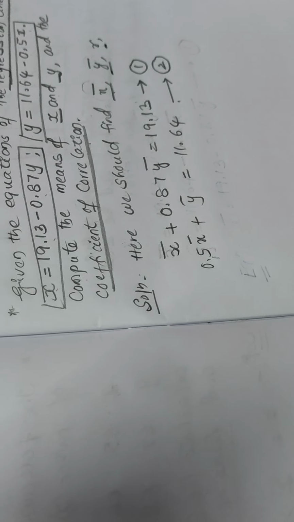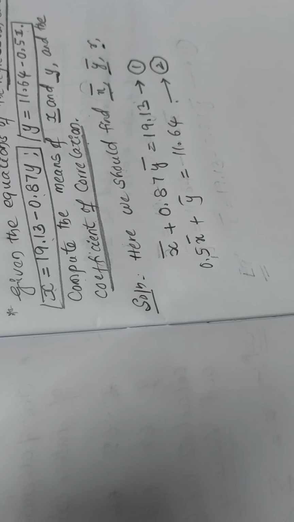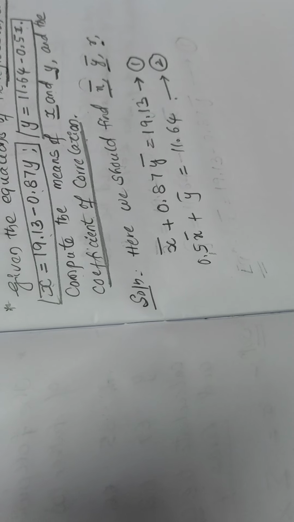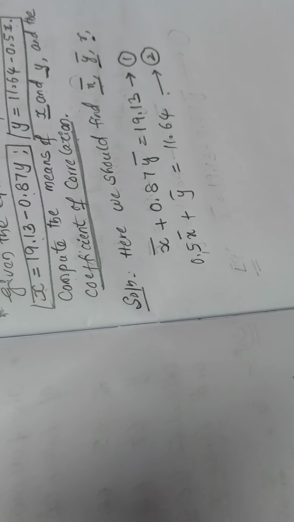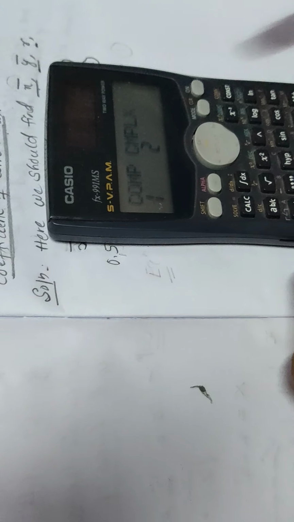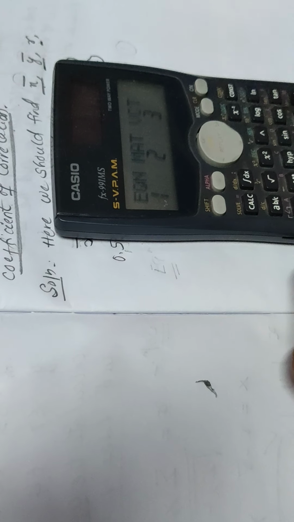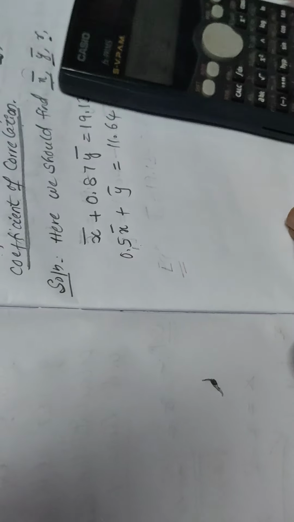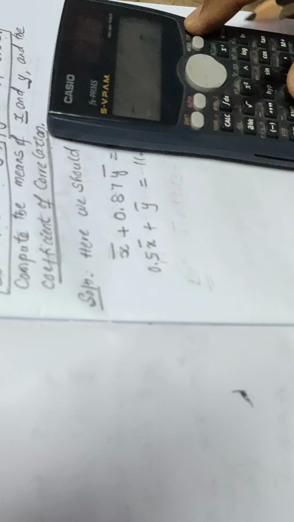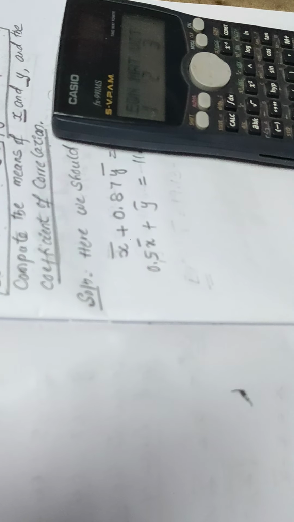Now using the calculator, we'll find the values of x bar and y bar. So use your calculator. Press mode, then go for the equation format. As we require two unknowns, go for the equation with two unknowns.